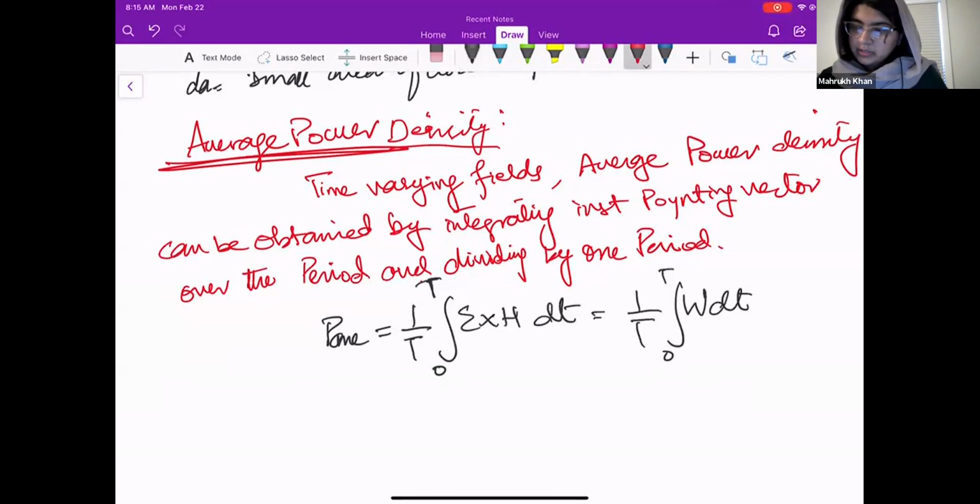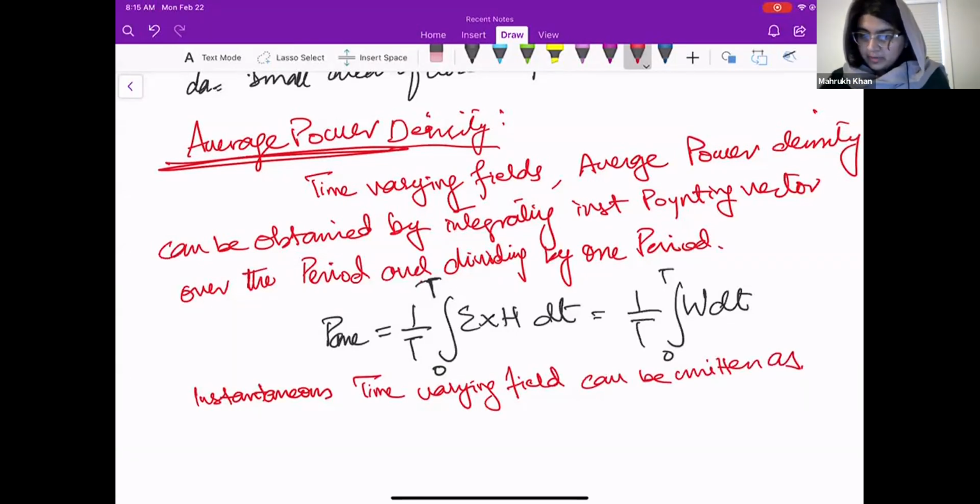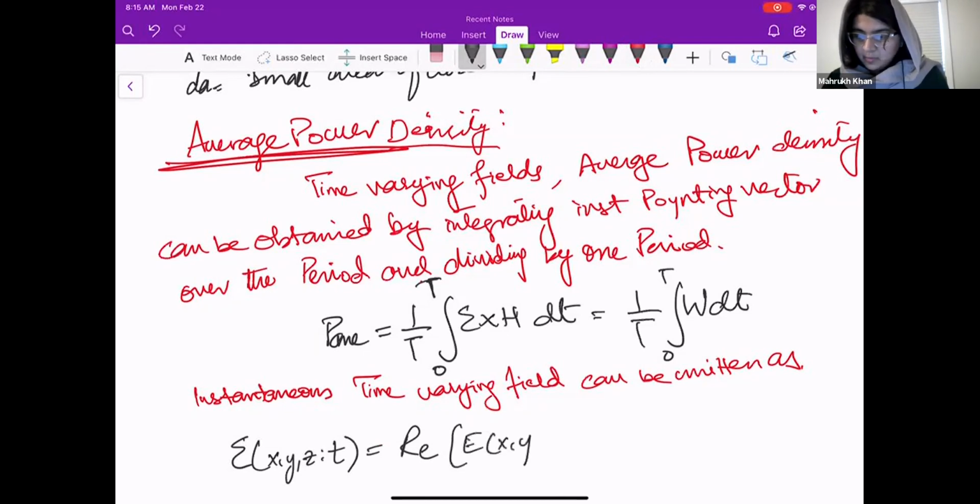So now we think that the instantaneous time varying field can be written as, so I can write this as E(x, y, z, t) is equal to the real part of E(x, y, z) e^{j omega t}.